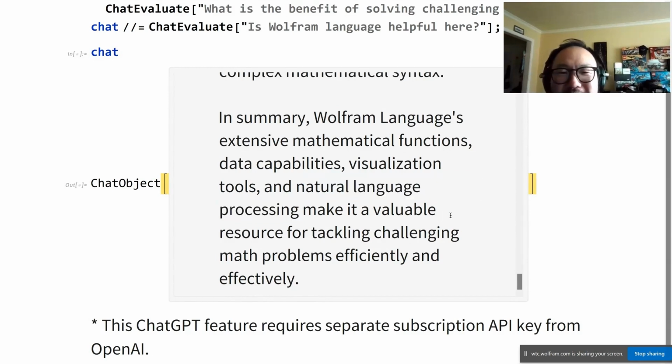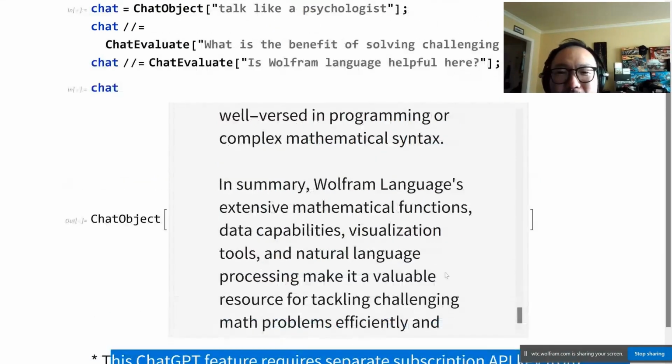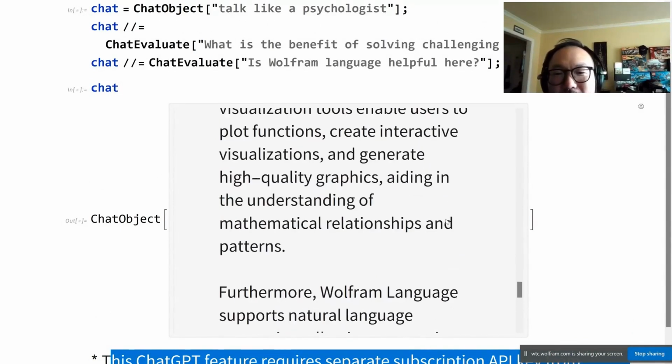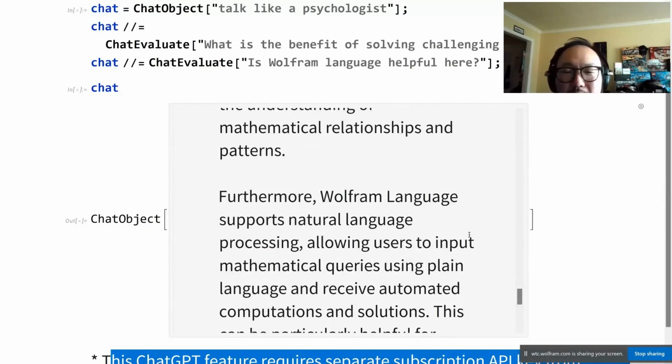So I think it's a very interesting way to extend this notebook beyond just solving math problems. And of course, to use this entire feature, you need a subscription key, an API key from OpenAI. But you don't need the key to view the results I have so far. If you want to generate the results yourself, you need an API key.